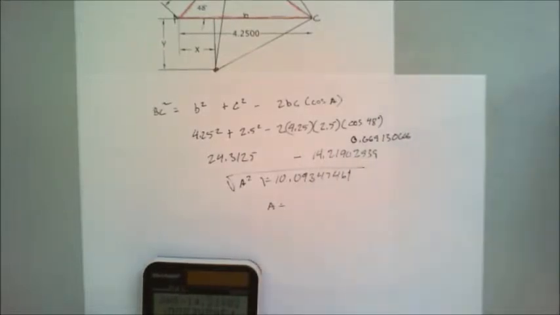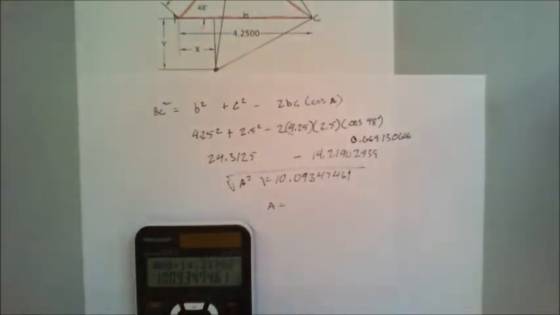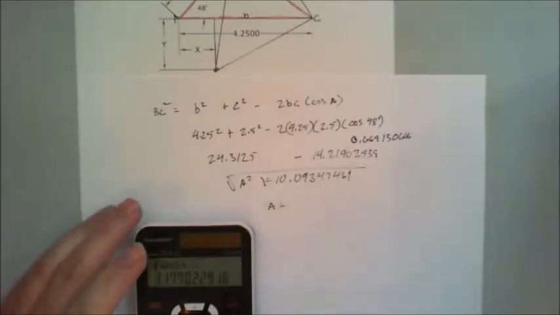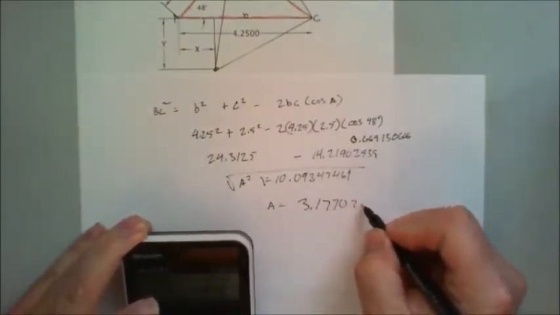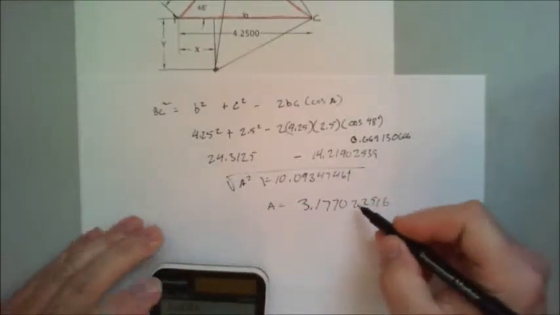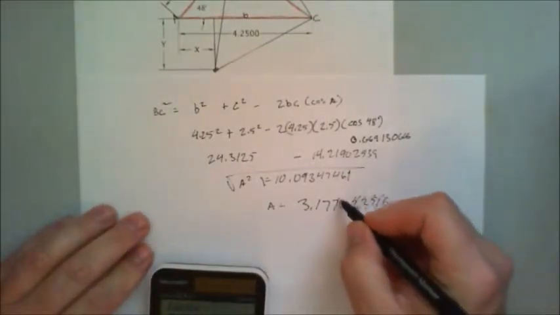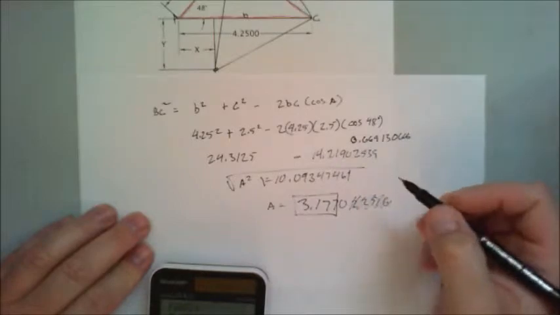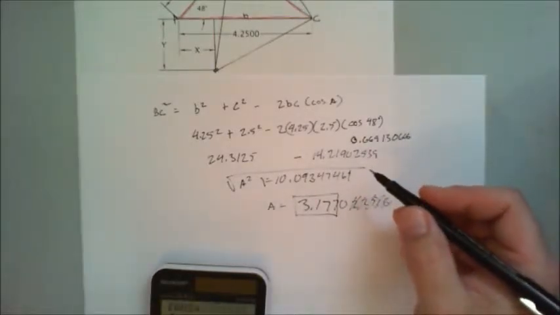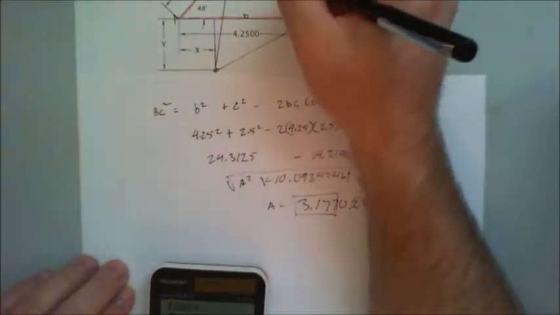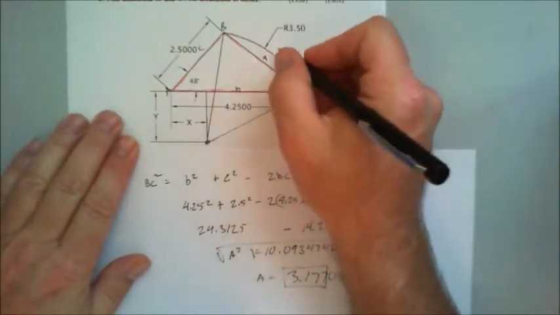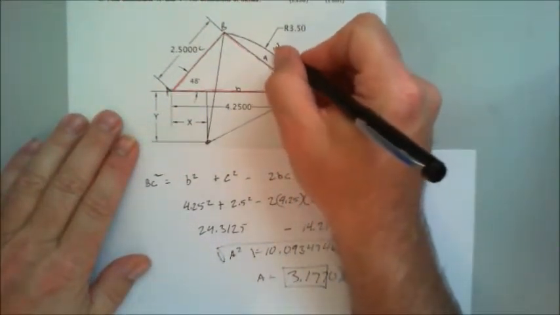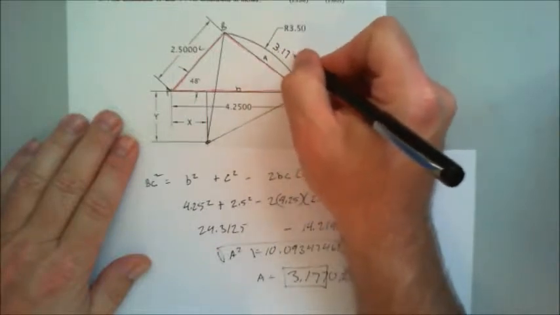A equals 3.177022916. So therefore, this guy here, this length here, or length A, is 3.177.